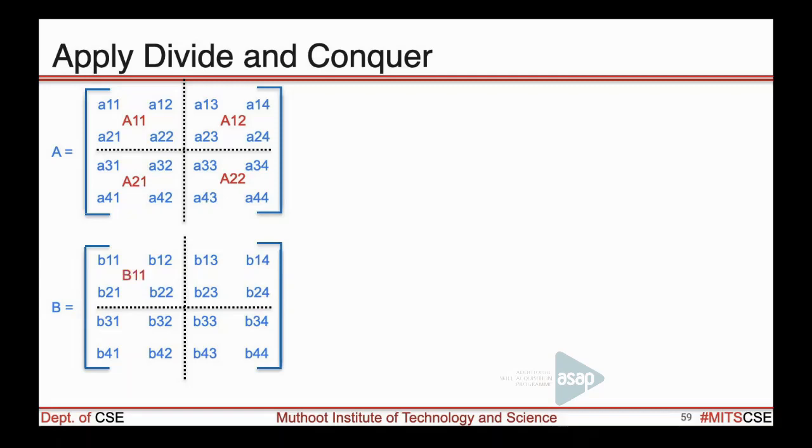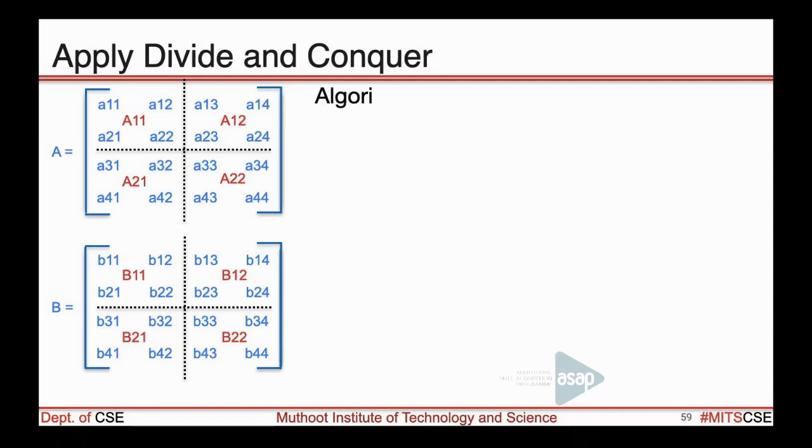Similarly I did the same to B. Now A is a 2 by 2 matrix of elements capital A11, A12, A21 and A22. Clear? Similarly B. So I have divided the bigger problem into smaller problems.